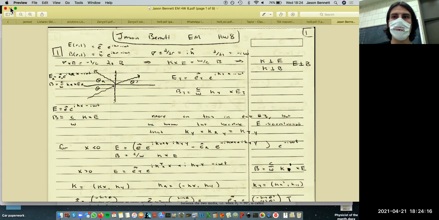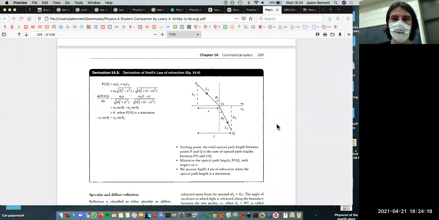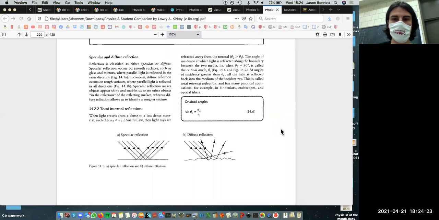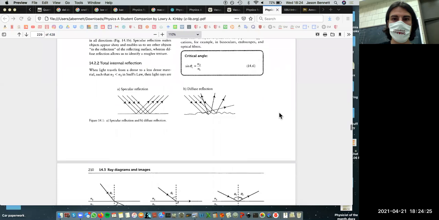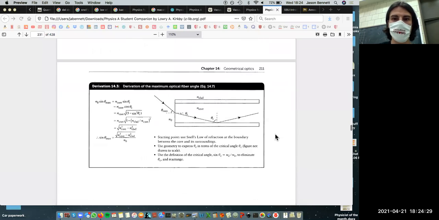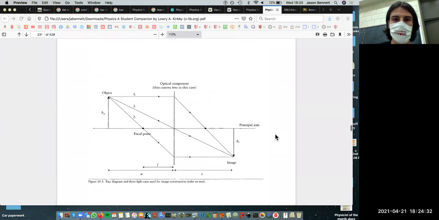So that is all. Now I'll switch over to, let me just pause on this again, because I think it's a really nice derivation. And they also have some of the focal length, real and virtual image type stuff that we do later in lab.